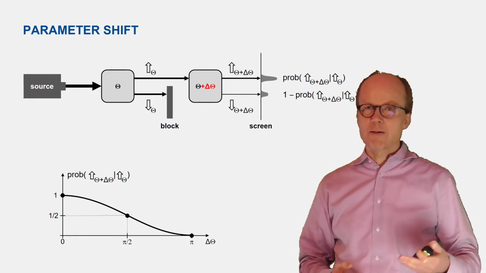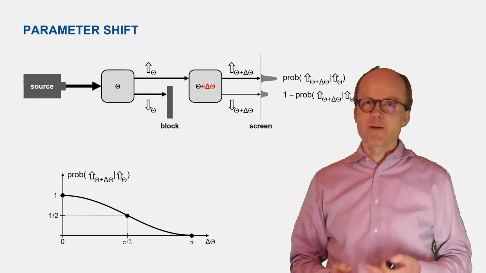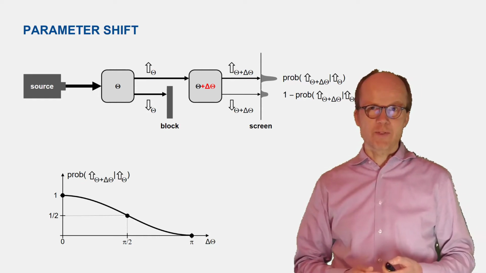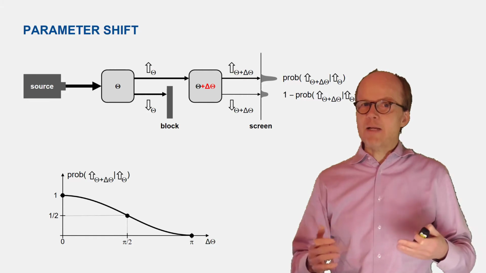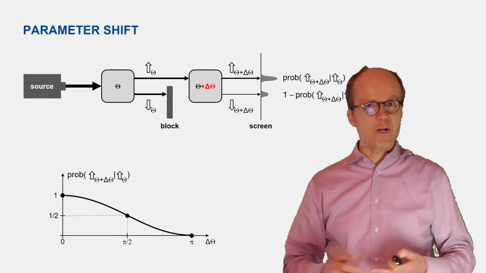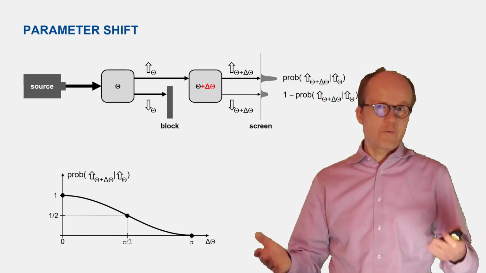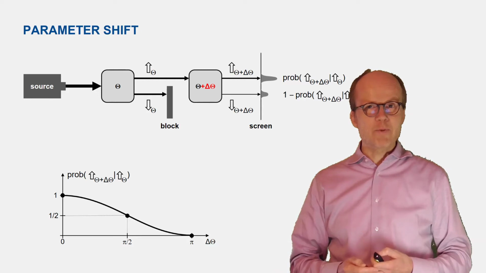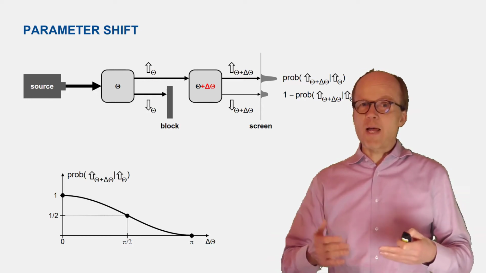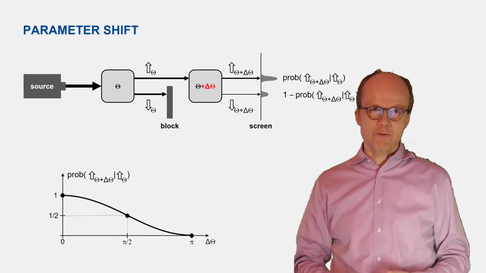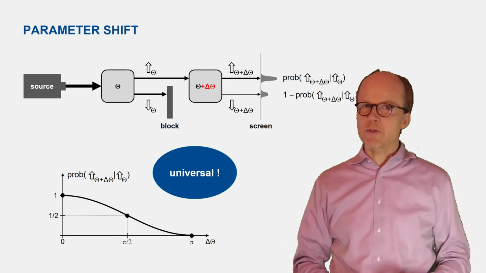Now the interesting thing about this function, the probability as a function of this parameter shift, is that it is exactly the same for the silver atoms in the Stern-Gerlach experiment, for the photons with the polarizing beam splitter, and in fact for any binary measurement on a quantum system. This is a universal function.